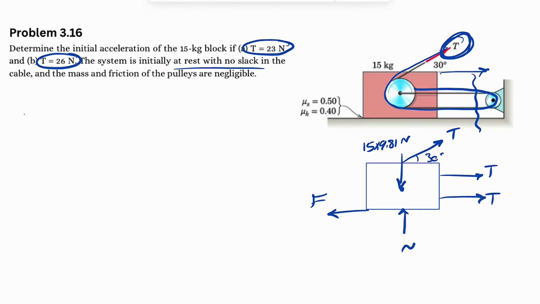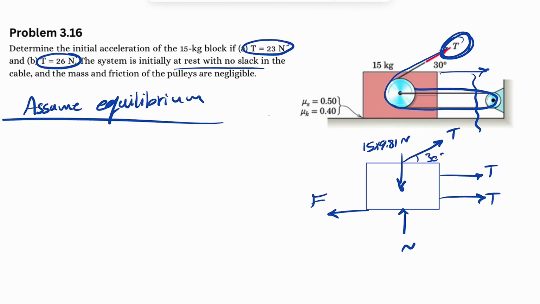So that's all the external forces applying on this block, and as always, we're going to start with the assumption of equilibrium. So we have our equilibrium equations: sum of all forces in x equals 0 and in y equals 0.